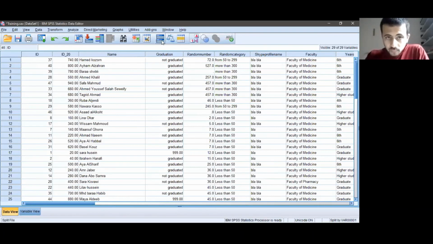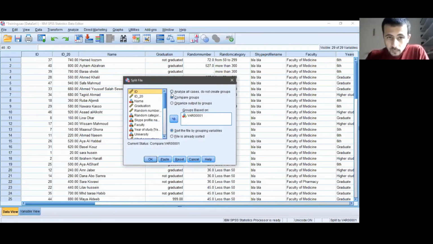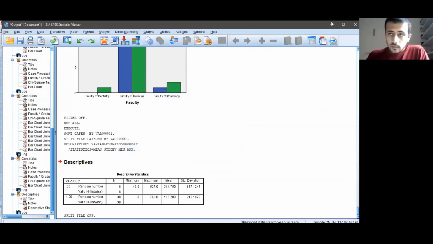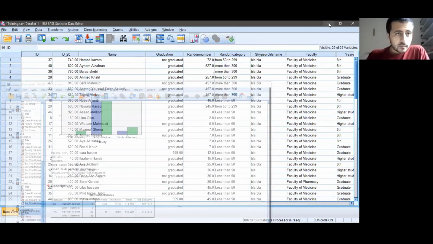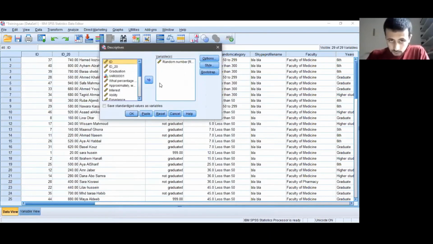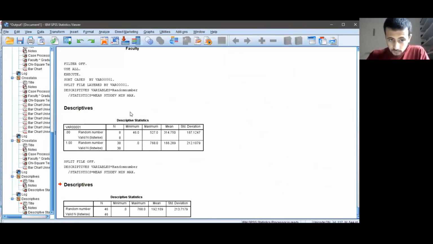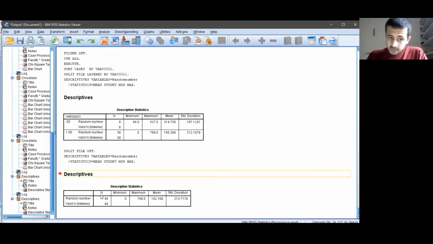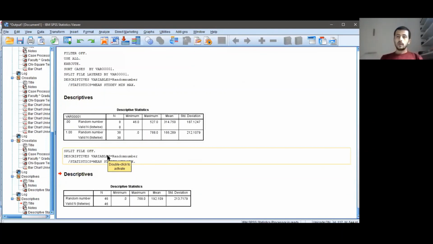Okay, I'll go back. I will remove my split. I will do it again, and you will see the difference. Do you see the difference between those? In the last step, we selected some data, so we are doing the analysis just on those.